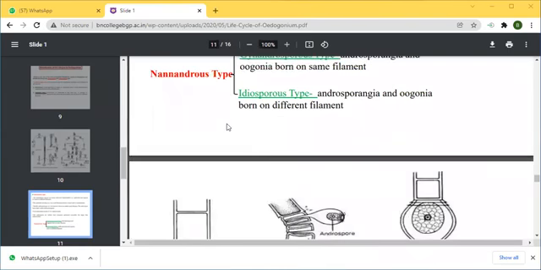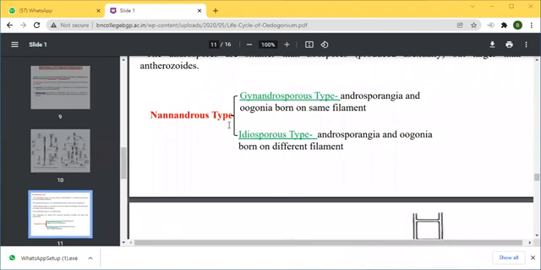Again, these Nannandrous species are of two types: one is Gynandrosporous and the other is Idioandrosporous. What is the definition of both? Androsporangia and Oogonia born on the same filament. In the Nannandrous species, what are androsporangia? The male reproductive organ.